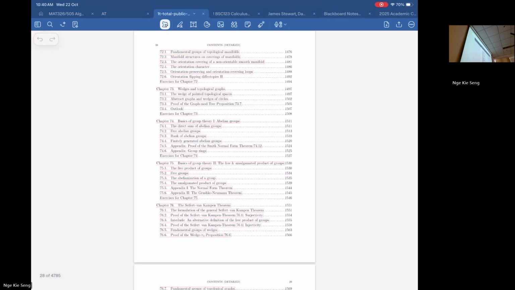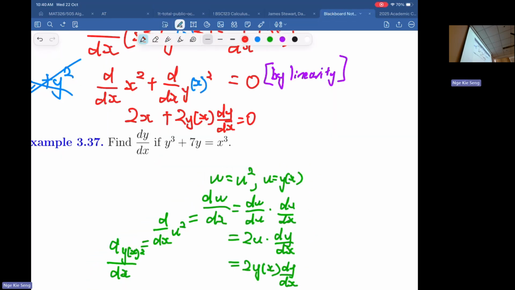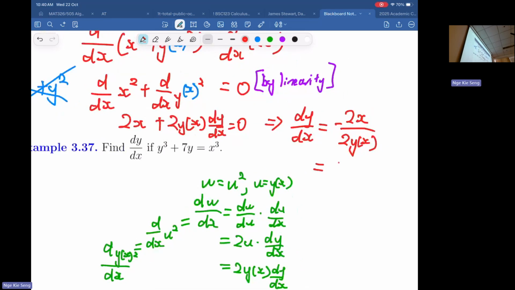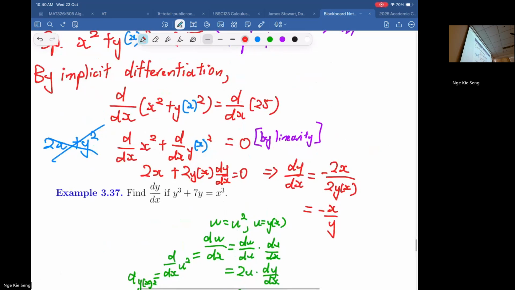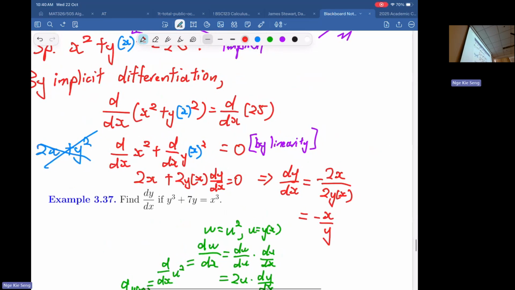If I move around these x's and y's, I should get minus 2x over 2y(x), which is x over y, like that. Okay or not? Any questions so far?